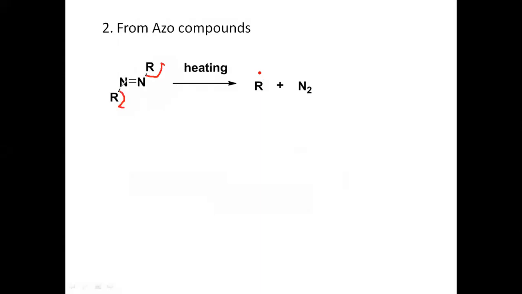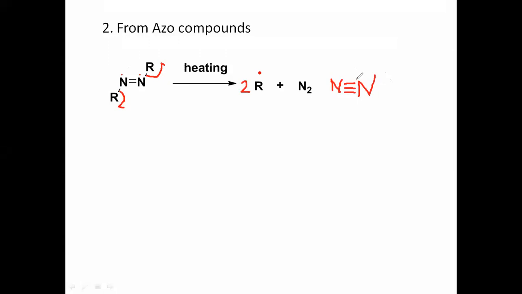When one bond breaks, two electrons form. So this one bond will give one electron to this R, forming two R radicals. And the electron on this nitrogen from the bond break, from the double bond, one pi bond, so this N2 is nothing but nitrogen-nitrogen triple bond. Okay, right.